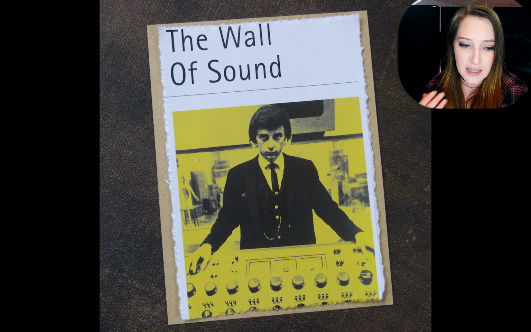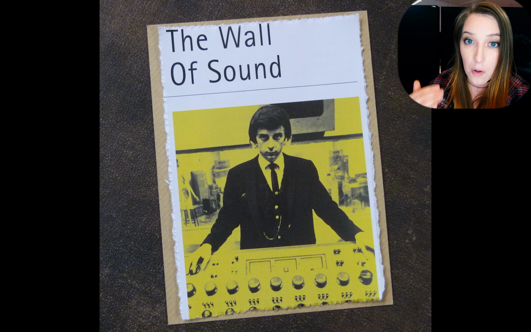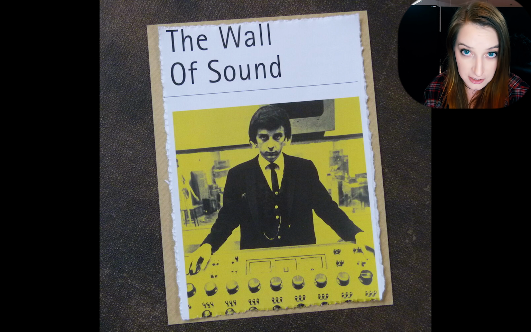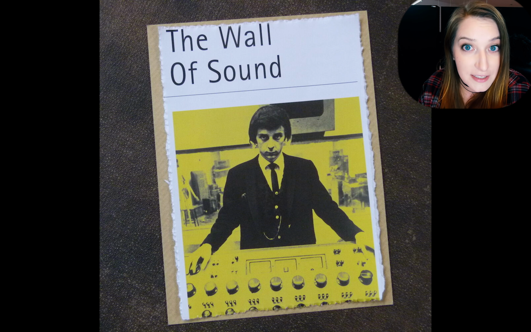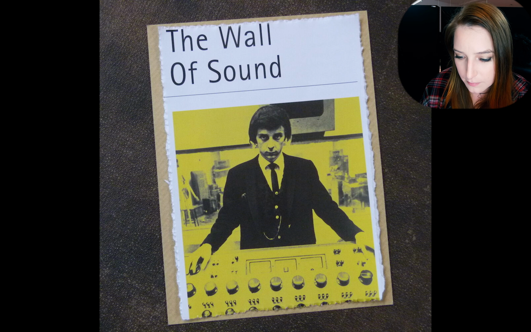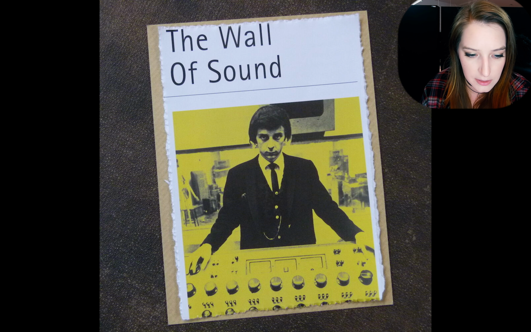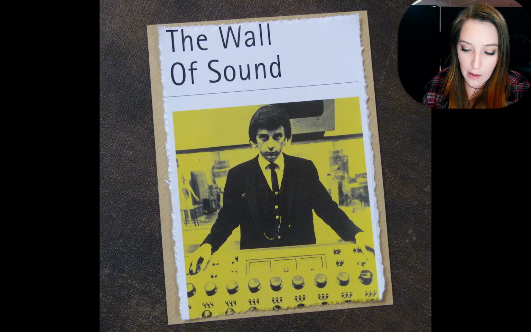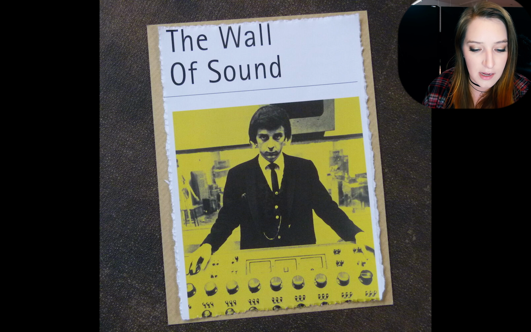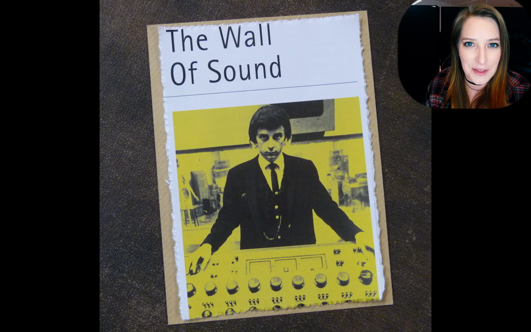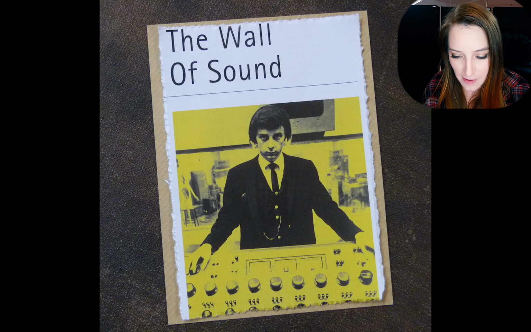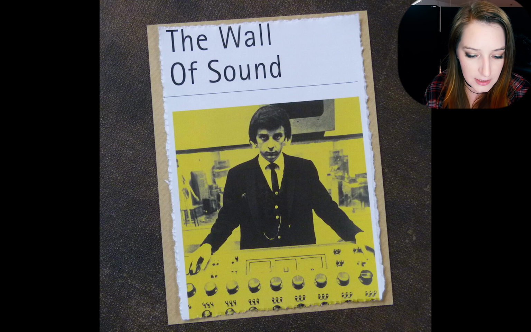It's the idea of layering multiple different versions of each instrument to get that super dense, lush orchestral sound, and he often did this with orchestras. I'll put a photo on the screen here so you can see Phil Spector. It's harder to get a photo of the actual wall of sound, because it was within the actual recording. But I thought it was interesting.